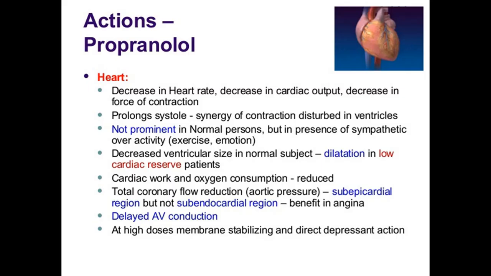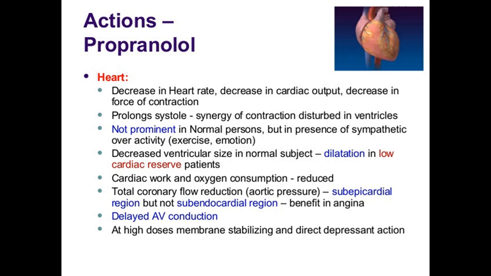Action on the heart: decrease in heart rate, cardiac output, and force of contraction; prolonged systole; synergy of contraction disturbed in the ventricles. This is not prominent in a normal person but appears in the presence of sympathetic overactivity, exercise, or emotion.